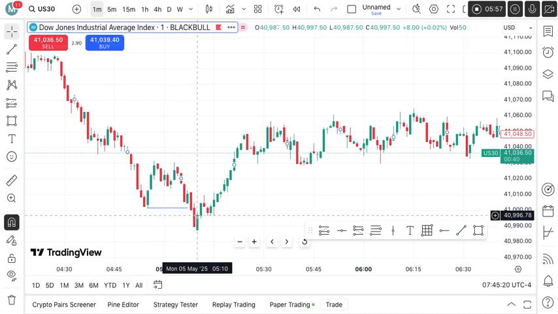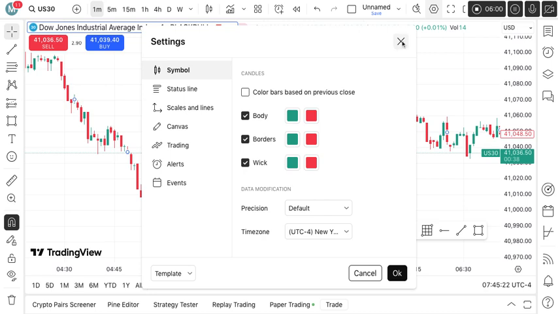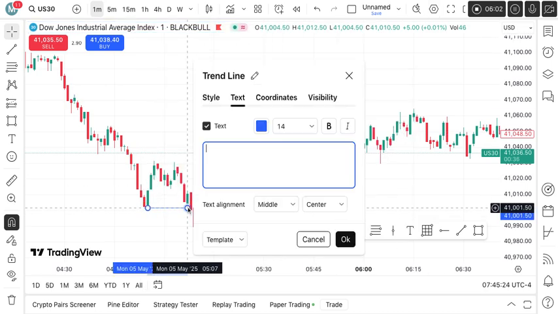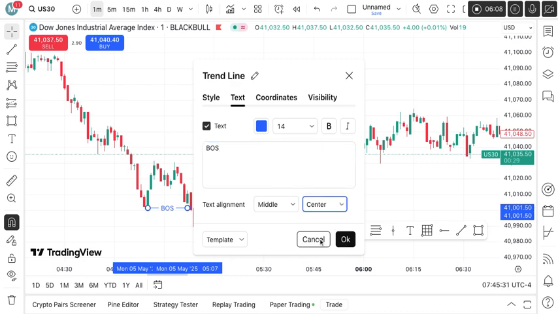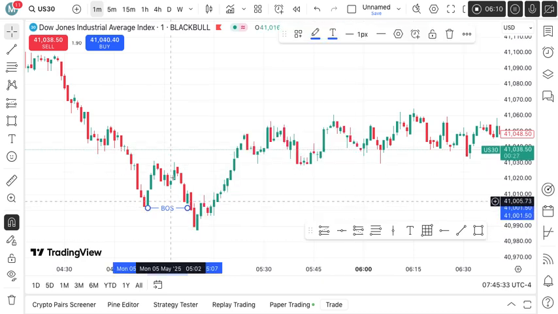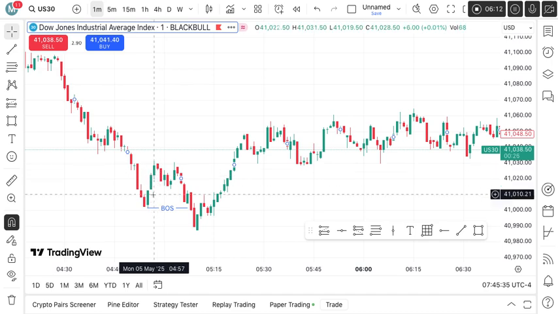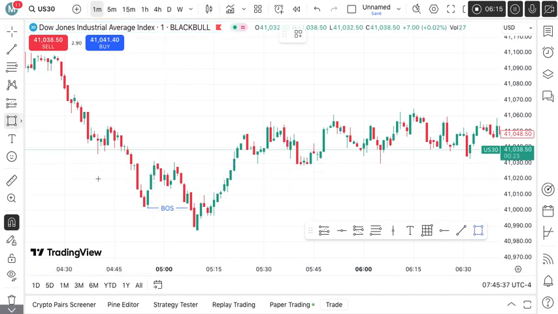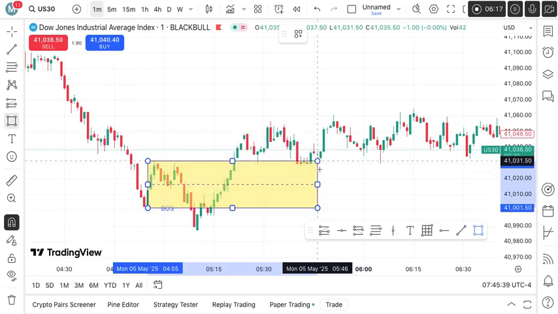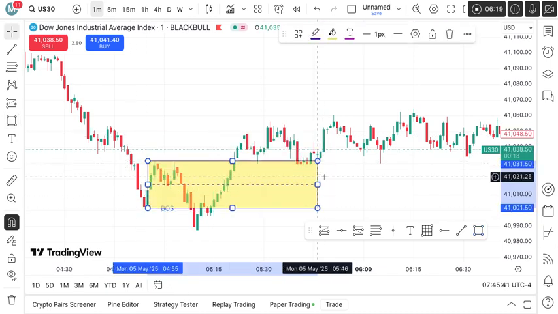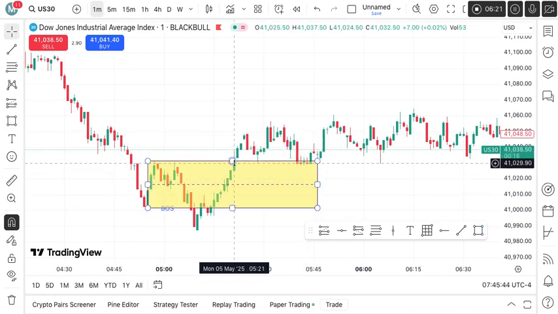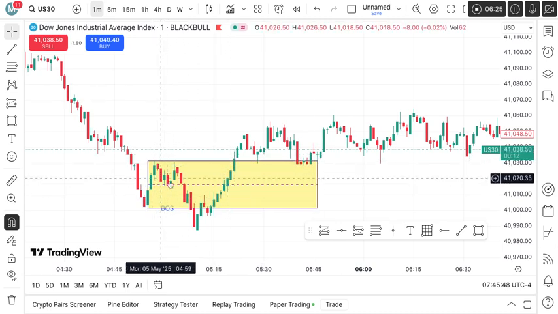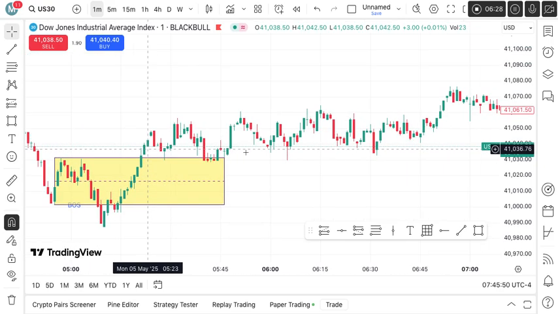Once the break of structure happens, we know that the last buy candles before that aggressive momentum to the downside are our order block. These three candles like this, see, once the price came and closed above, this is displacement. This is where you have change of character.